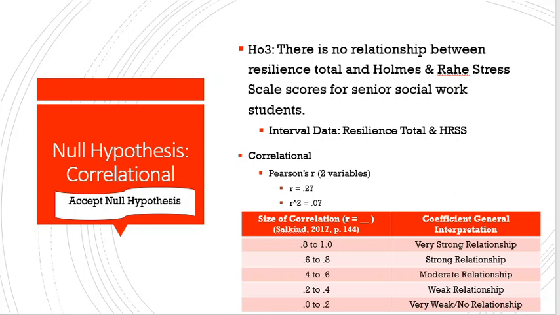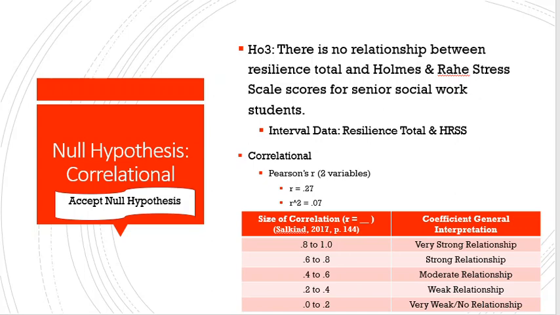After running the inferential statistics, it was found that R equals 0.27, which, according to the textbook, indicates a weak relationship between the resilience total and the Holmes and Rahe stress scale scores.